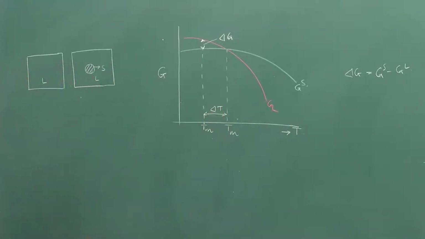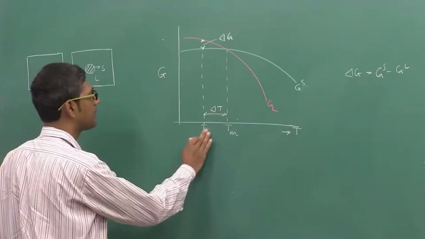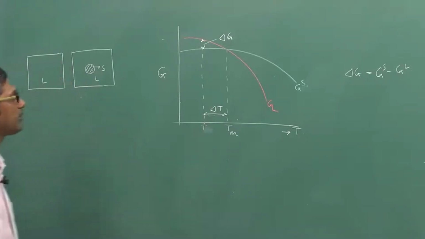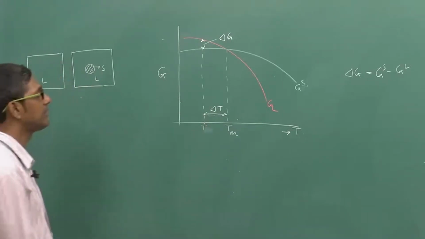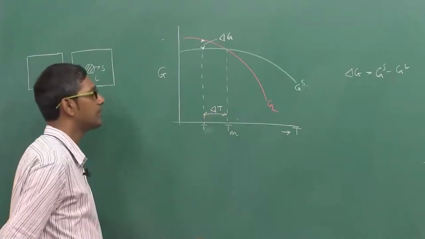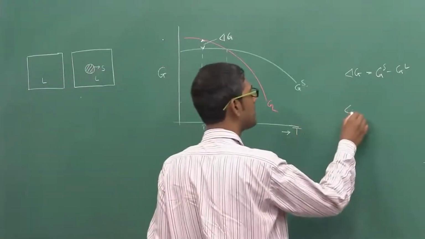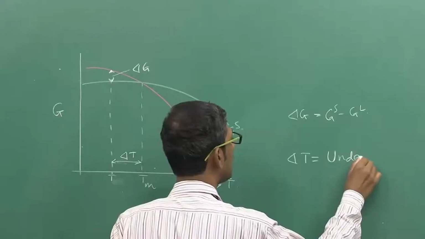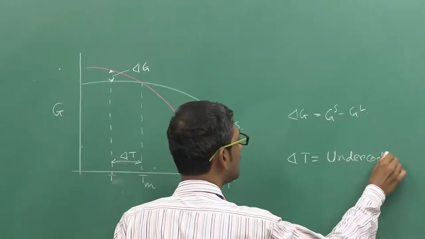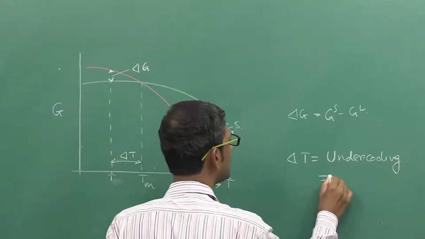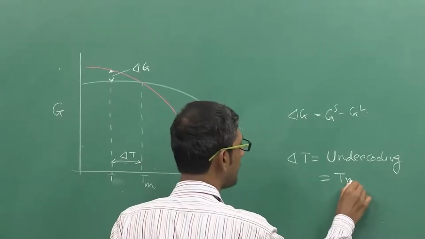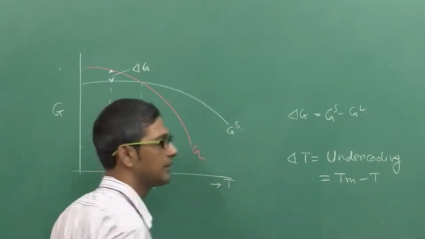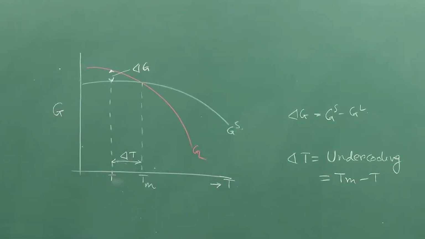And this temperature difference between the melting temperature and any temperature to which we have cooled down the liquid is known as undercooling. These terms you must remember: this delta T is known as undercooling in the literature, and that is defined as Tm minus T, because T is always less than Tm.